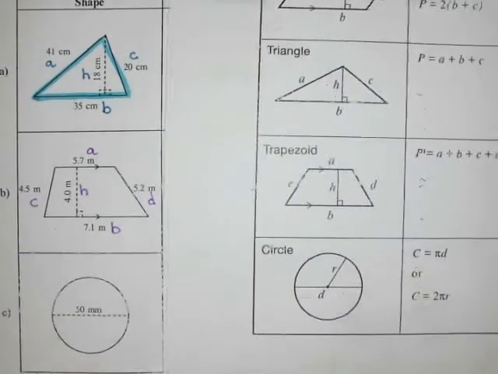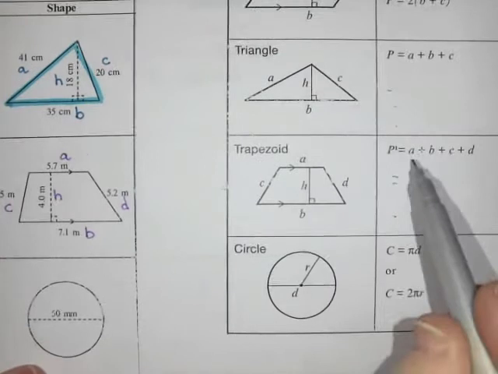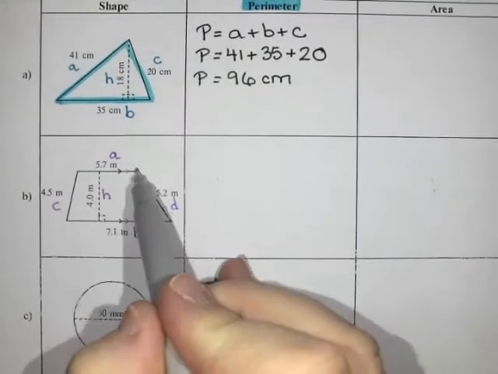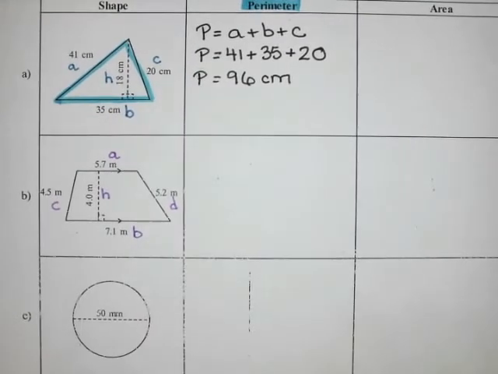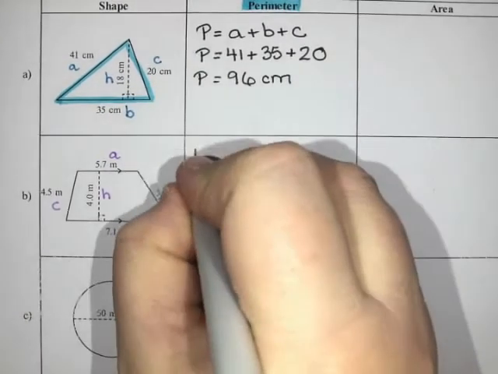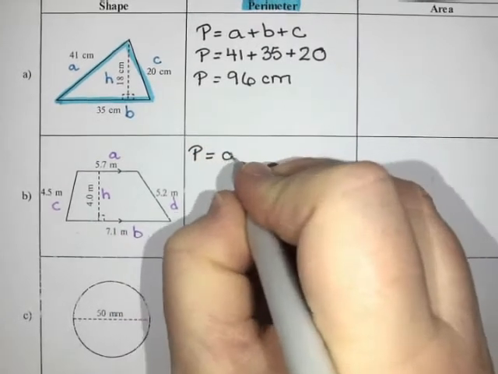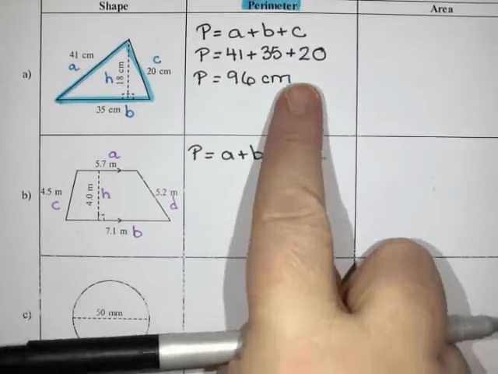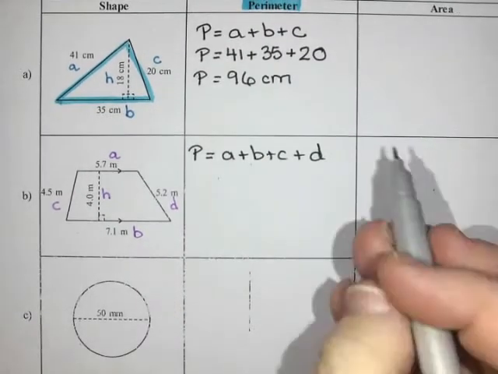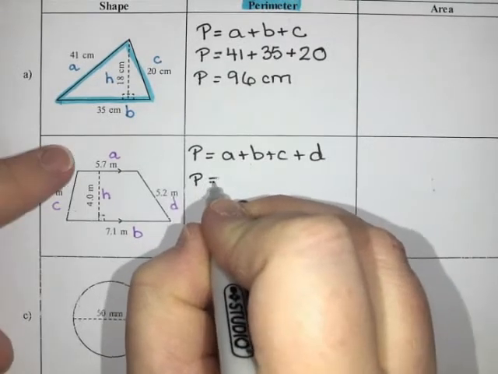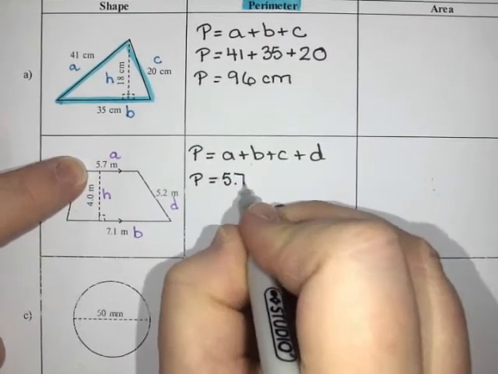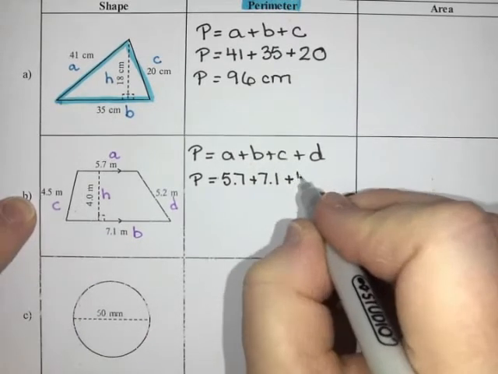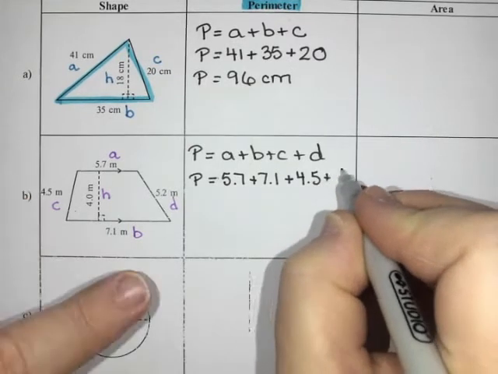Oh, I notice on my formula sheet, once again, they have a formula. It's A plus B plus C plus D, which I would know because I'm just adding up all of my outside edges. So I'm going to start by writing the formula down. So A plus B plus C plus D. It's very similar to the previous formula, but there is one extra side, which is why we have one extra letter. So my perimeter is 5.7 plus 7.1 plus 4.5 plus 5.2.